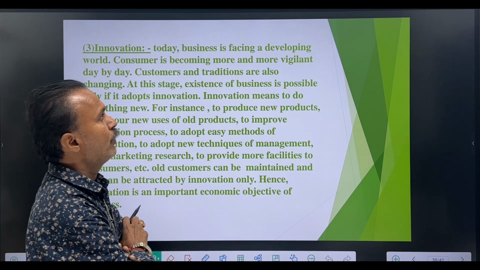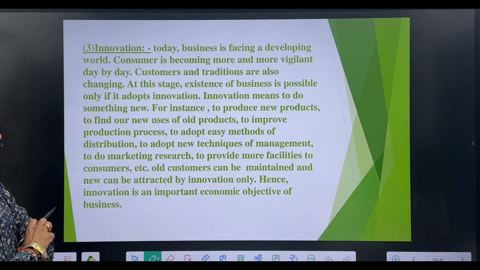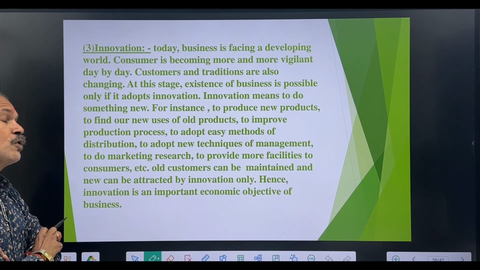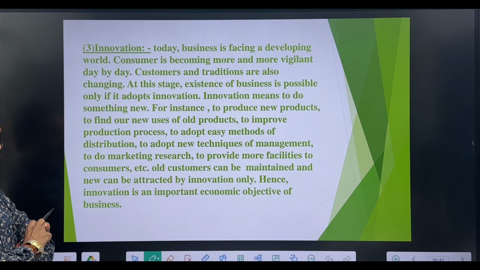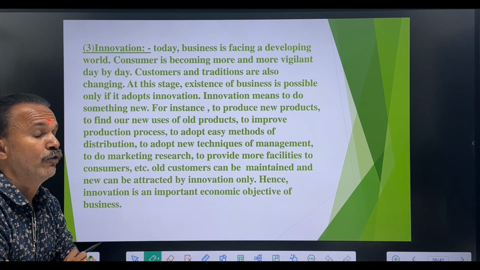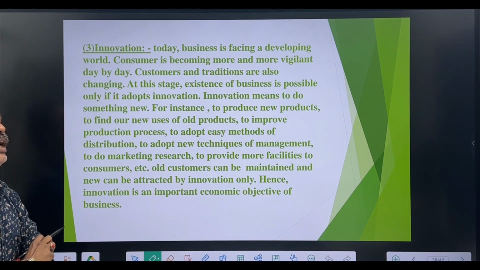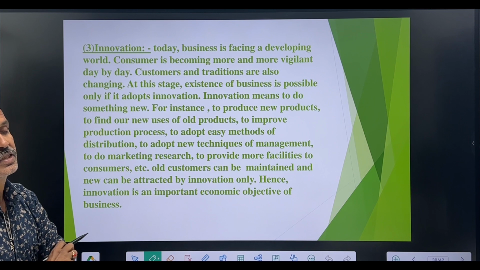Consumers are becoming more and more diligent day by day. Traditional customers are also very intelligent. So to attract a large number of customers, business always innovates a new product so that customers buy this product and the profit of the business is increased.